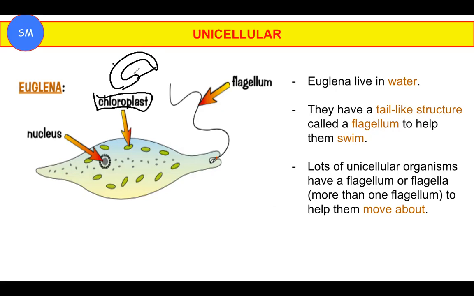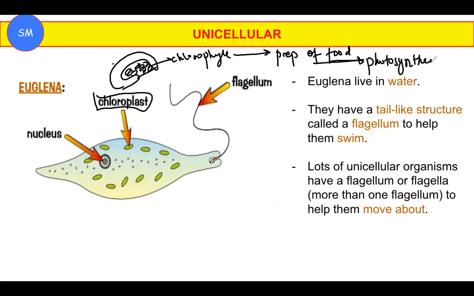This is the structure of a chloroplast, and it has a pigment. This pigment is known as chlorophyll. Chlorophyll captures sunlight and helps in the preparation of food. I hope you remember this process is known as photosynthesis, mainly done by plants, but here euglena has also developed it to prepare its food.